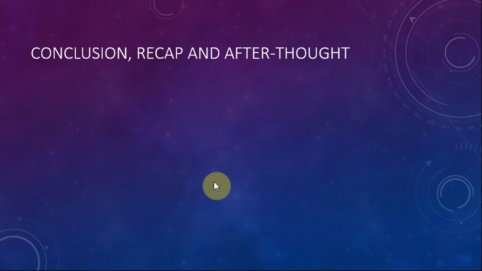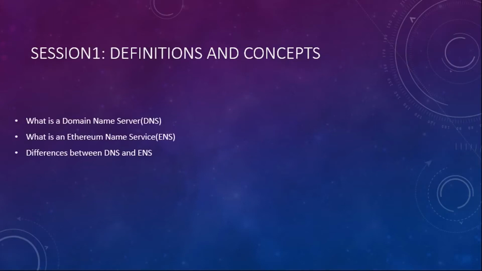In these video tutorials we talked about a lot of things. First of all, we discussed what is a domain name server. Then I also talked about what is Ethereum Name Service, and we looked at the differences between the DNS and the ENS.